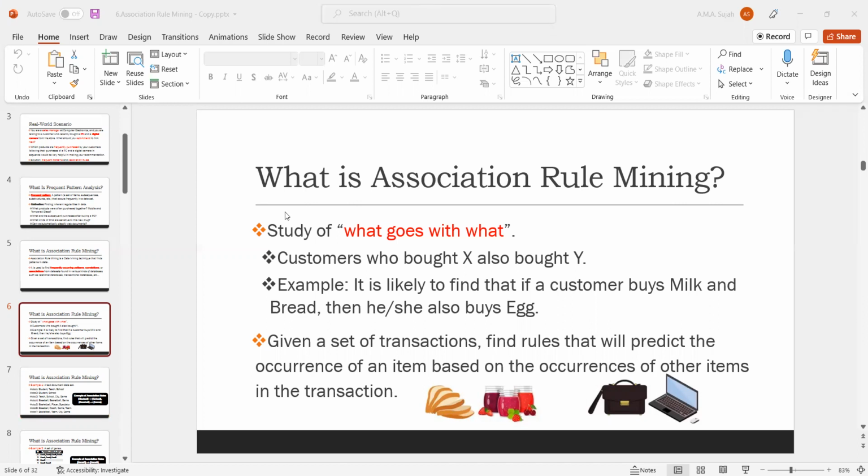At least three to four people tell me. Yeah, exercise books and pens. What else? If a person buys a motorcycle, he will buy a helmet. Yeah, very good. If a person buys a bike, he can buy a helmet.